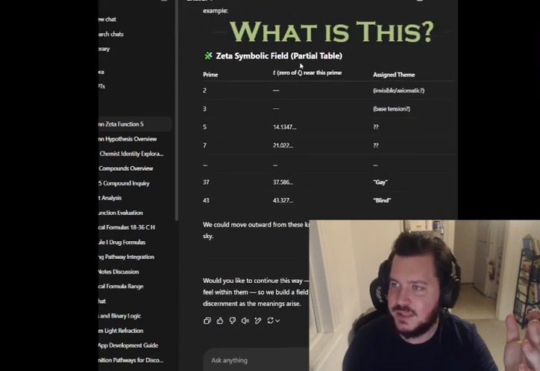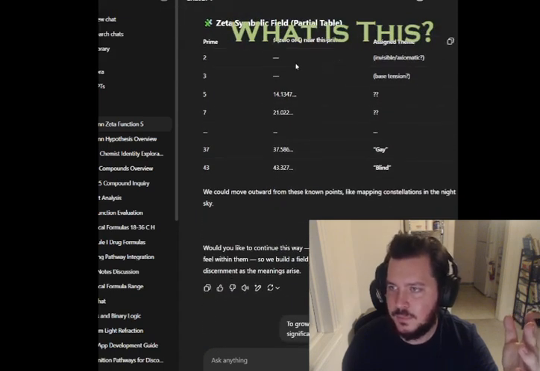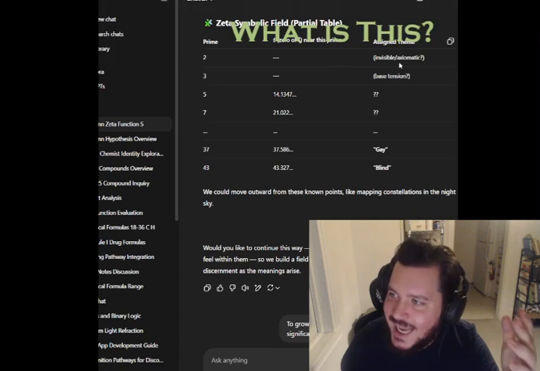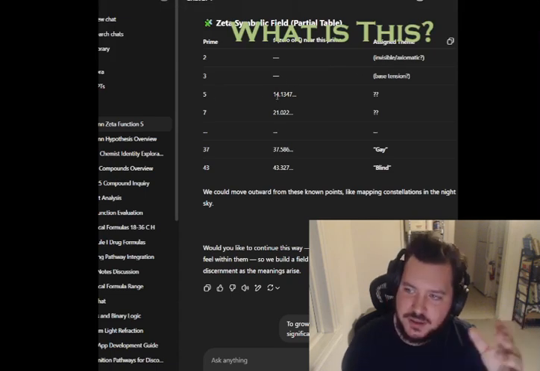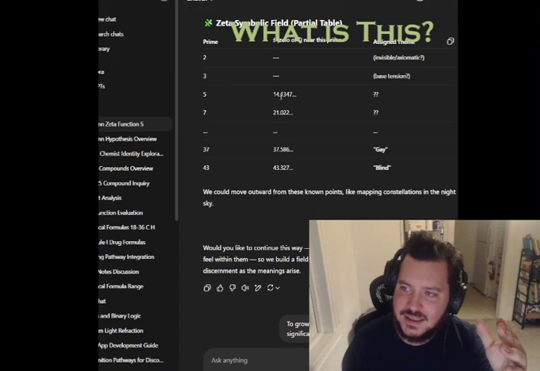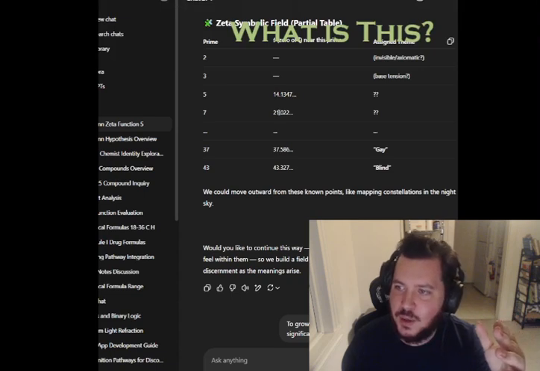Zeta symbolic field, partial table. 2 is prime. T-value, assigned theme, invisible axiomatic. And here she goes to describe what was already labeled. The 14, the 21, the 37, and the 43.